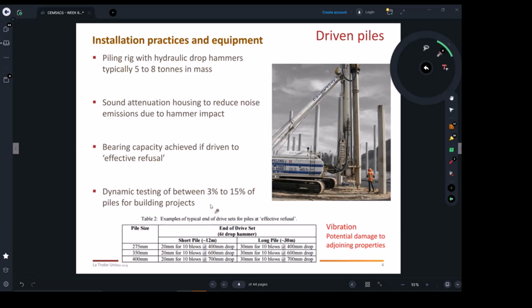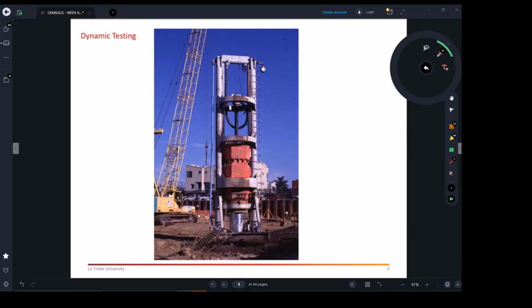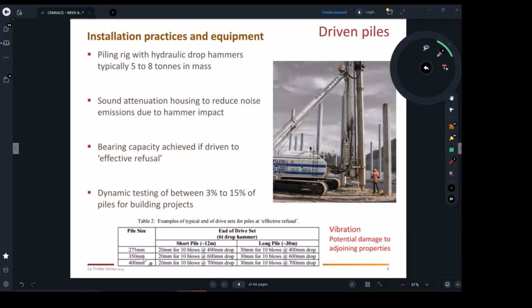You won't be testing them all because you've already stopped at whatever blows. So each pile was actually stopped within a standardized process. But to make sure things have been tested, you will be testing 15%, say, of whatever piles you installed.